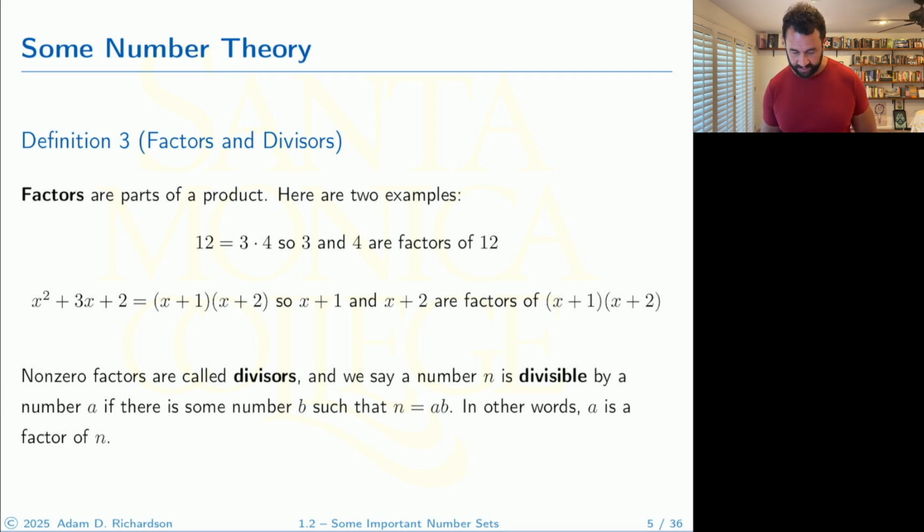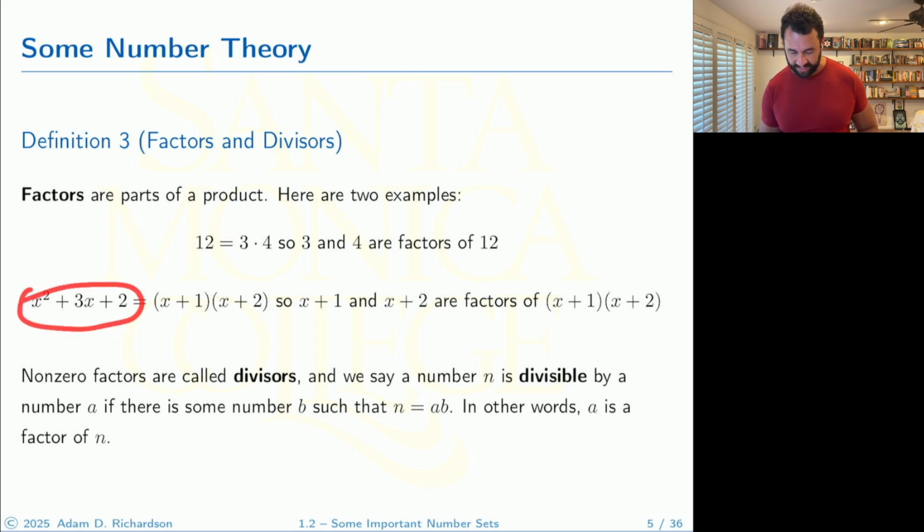So here are two examples. 12 is 3 times 4. So 3 and 4 are factors of 12. Those two numbers are factors of 12. How about this? Maybe this will remind you of something from algebra. Maybe you twinge a little bit seeing it. Don't worry, we're going to review this stuff when we get into chapter 3.